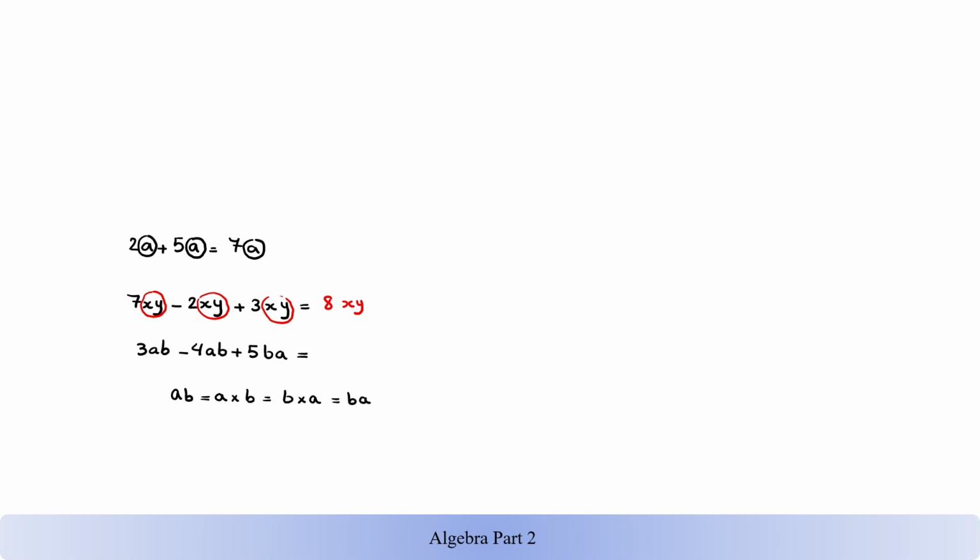So your question can be written as 3ab minus 4ab plus 5ab. And as I told you, 3 minus 4 is minus 1, plus 5 would be just 4. 4 of what? ab. Or even you can write it as 4ba. It is also correct.